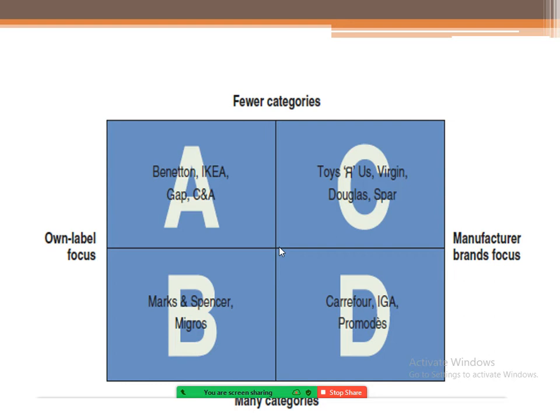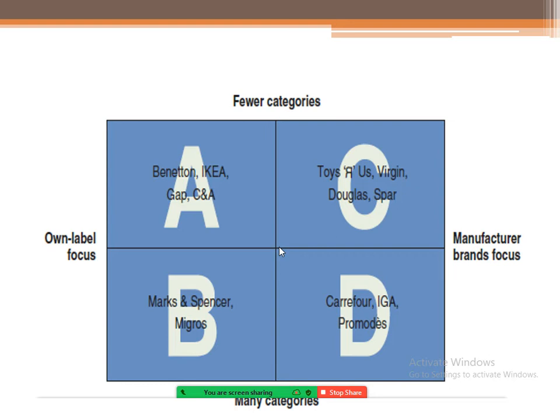In quadrant B, the private label focus is retained, but many more product categories are offered. This is the strategy of Marks and Spencer, that is M&S, the British-based department store company whose St. Michael private label is found on a broad range of clothes, home furnishings, jewelry, and other items.